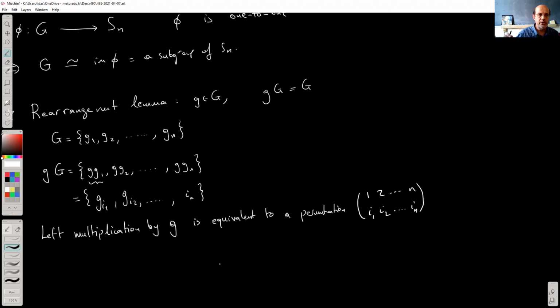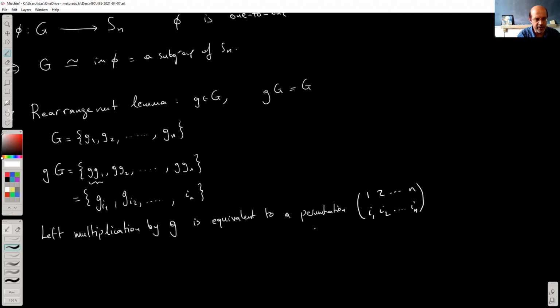In Sn. So left multiplication by a group element is equivalent to a permutation. By equivalent, do we mean can be represented as? Yes.